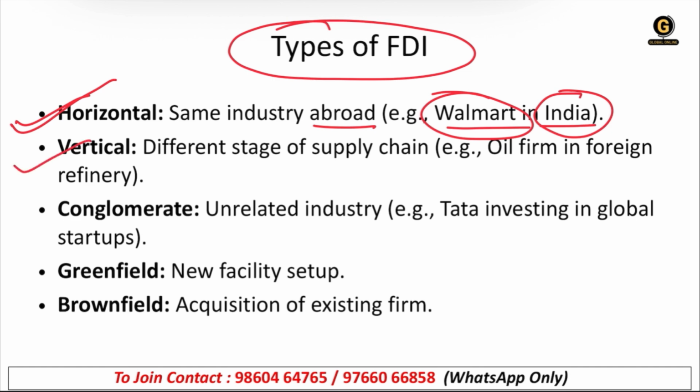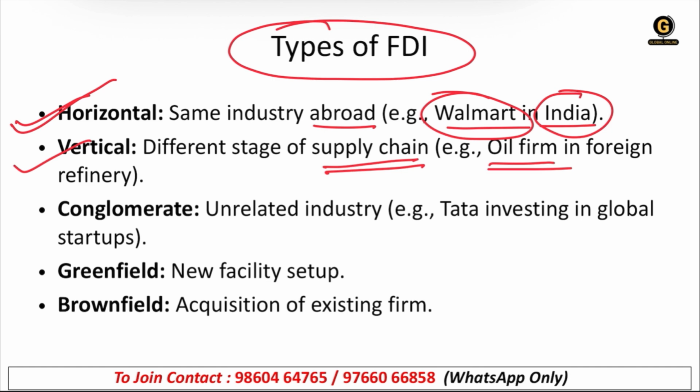Vertical means a different stage of the supply chain. It is when a company invests in a different stage of its supply chain in another country. For example, an oil company in India buying a refinery in the Middle East.